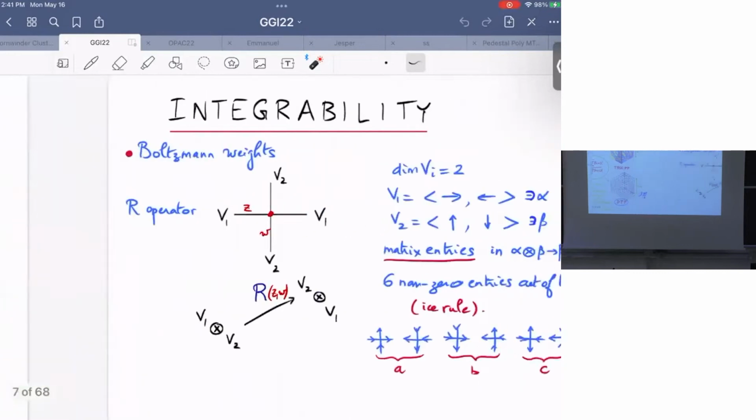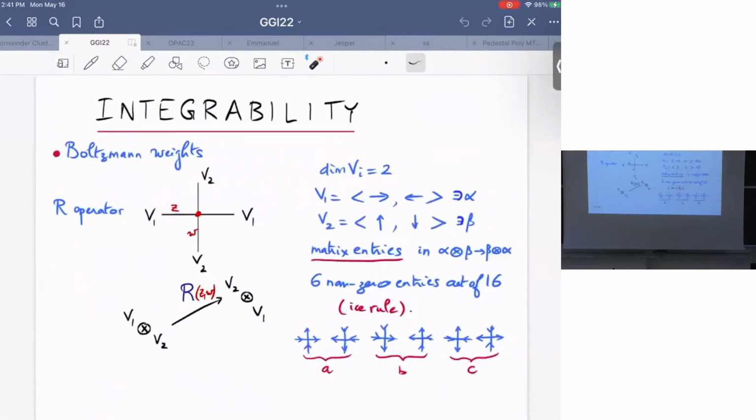Okay, so behind this is, of course, the integrability. So I'm going to be quick here. You can attach to configurations weights, actually, which are just Boltzmann weights. So you define local weights, and then the product of local weights of any given configuration gives you the weight of the configuration. You can do probability if you want, right? Think of those weights, if they're positive, as probability weights and play with that. So the tool behind that is the R matrix, right?